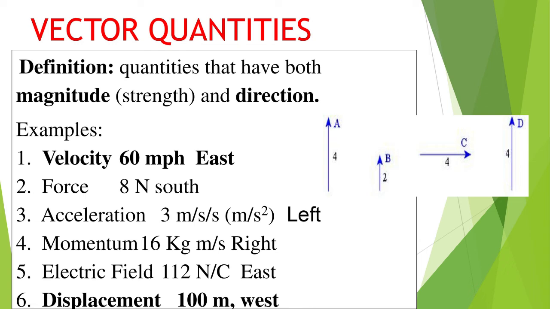There are many more, like acceleration, momentum, electric field. For now you don't need to remember all this. But displacement, as I mentioned earlier, is very much similar to distance. We say 100 meters, but in which direction? We say west, east, north, south. When we include this direction, it becomes a vector quantity, and we name it displacement.